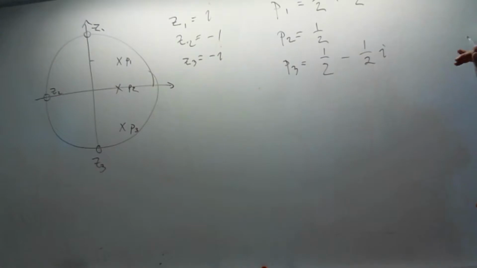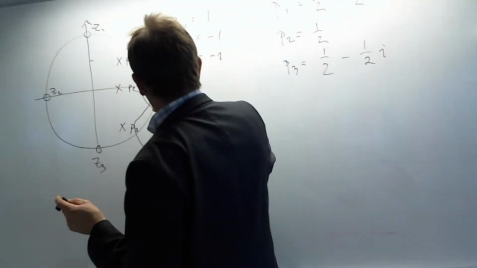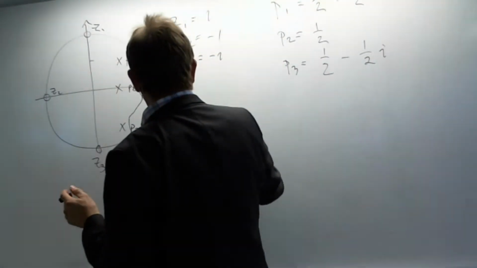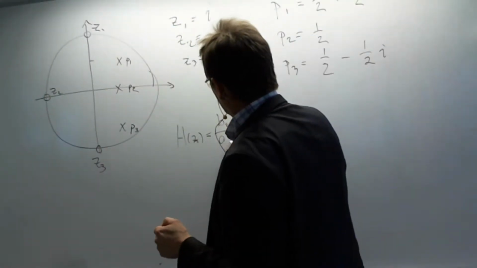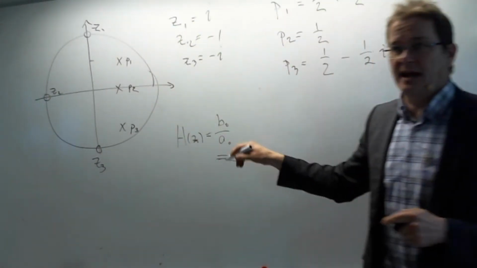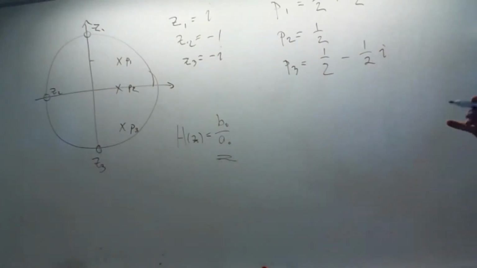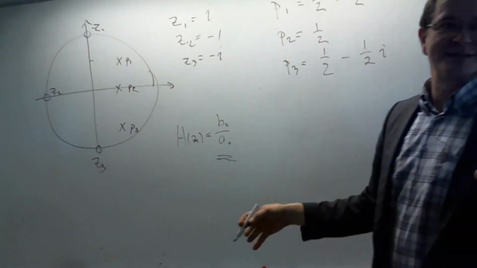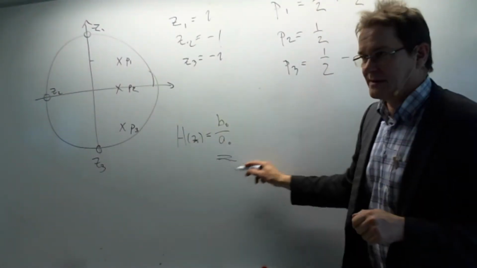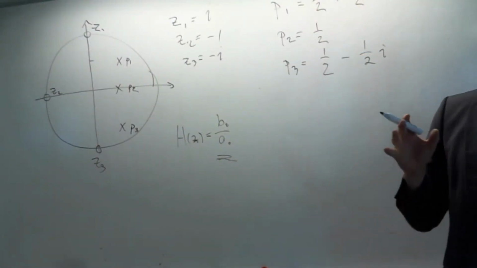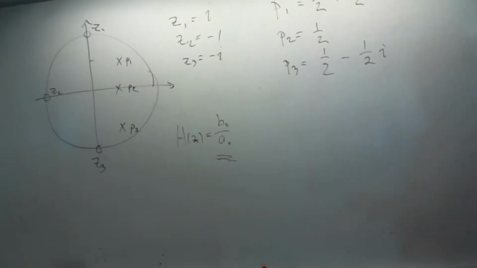Okay. So now we can actually do H of z, and the only thing which is missing is the gain. We don't know the gain yet. But one part is to find a gain so that we will have unity gain in the passband.